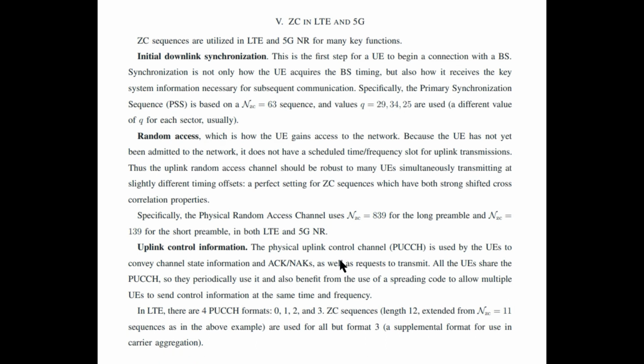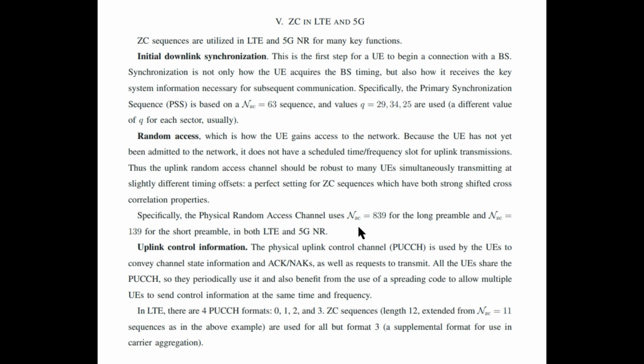Thus the uplink random access channel should be reserved for many UEs simultaneously transmitting at slightly different timing offsets. So the physical random access channel will be used, with N_ZC equal to 839 for a long preamble and N_ZC equal to 139 for a short preamble. Both are used in LTE and 5G.